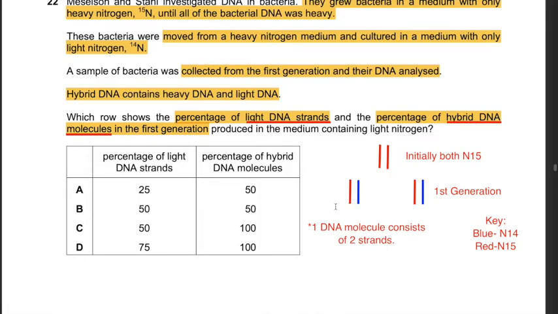Therefore, 100% of hybrid DNA molecules. Percentage of light DNA strands. Well, percentage of light DNA strands would be 50% because there are only 2 N14 strands out of the 4 strands. If you do the math, you would get 50% because 2 divided by 4 times 100 would give you the percentage, leaving us with the answer being C.